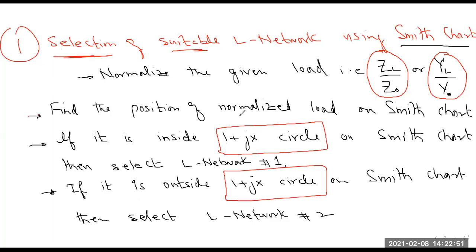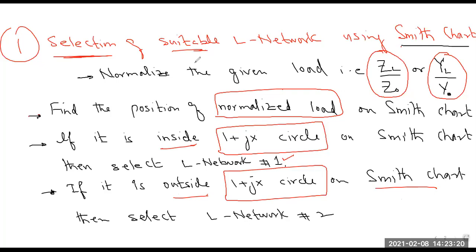If this normalized load is inside 1 plus jx circle, then you will be selecting this network. And if normalized load is outside of this circle on Smith chart, then L network number 2 will be the suitable network. Now, what is this 1 plus jx circle? So let me draw it, and then I will go to the actual Smith chart.